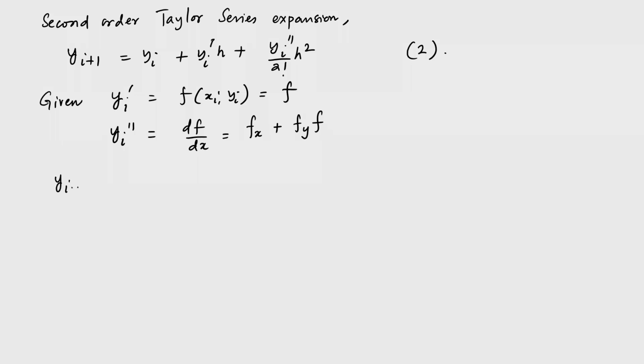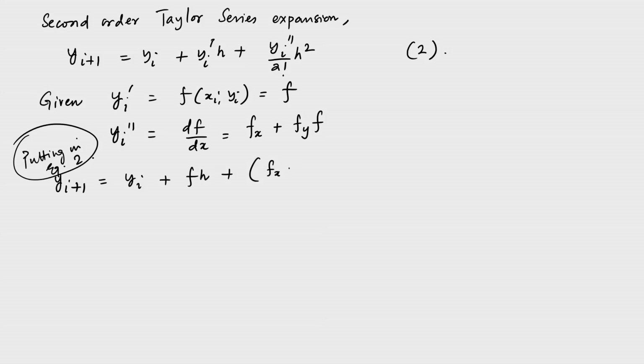So, if we put all these things in 2, y I plus 1 equals y I plus f h plus (f x plus f y f) h square by 2. Let us call that 3.